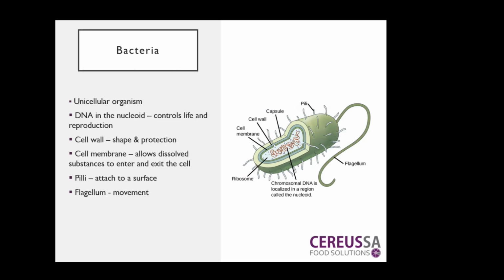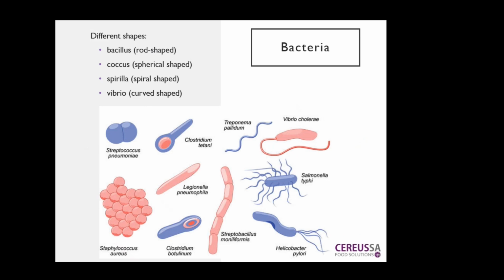In the picture on your right, you will also see little hair-like structures on the surface of the bacterial cell. These are called pili, and they are there to help the cell attach to a surface. Some bacterial cells also have a long tail-like structure called the flagellum, which is there for movement.